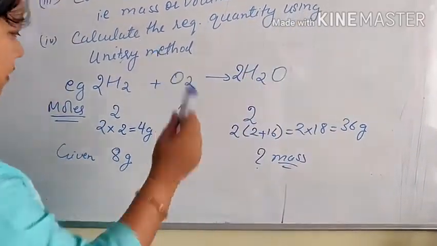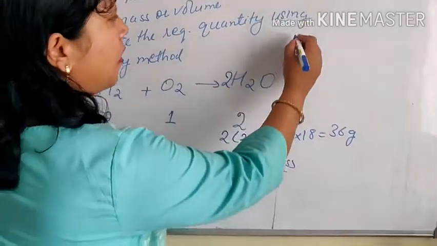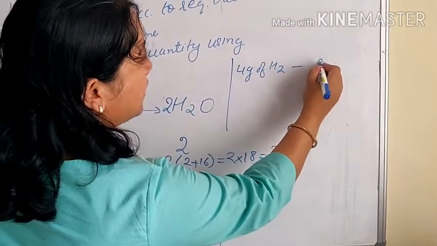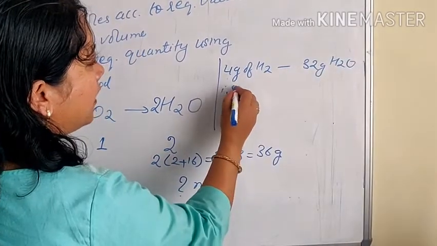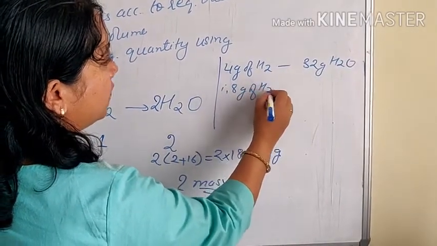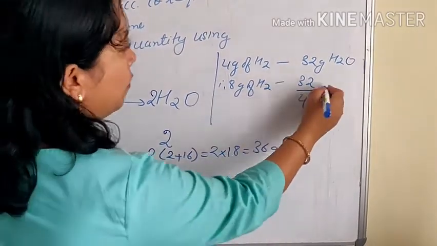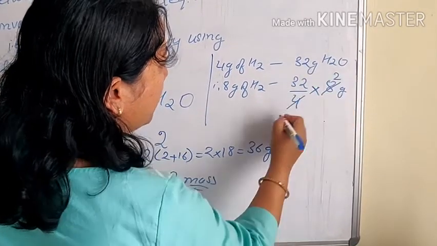So it will be 72 grams. So we can apply the unitary method like this. 4 gram of hydrogen produces 36 gram of water. Therefore, 8 gram of hydrogen will produce 36 upon 4 into 8 gram of water, that is 36 into 2.